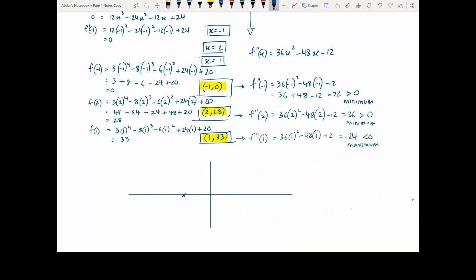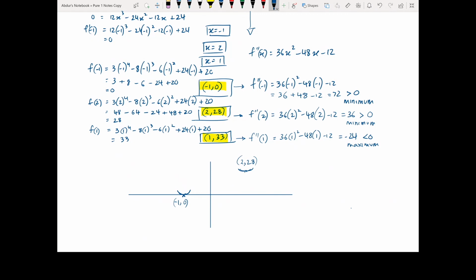We've got (2, 28). (-1, 0) is a minimum, so it's doing something like this here. We've got (2, 28), suppose that's somewhere around here. Now, (2, 28) is also a minimum, so it's doing something like that here.